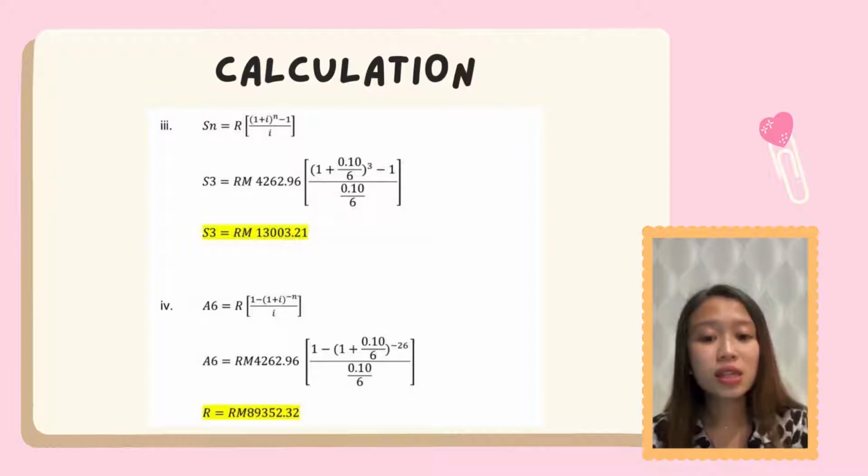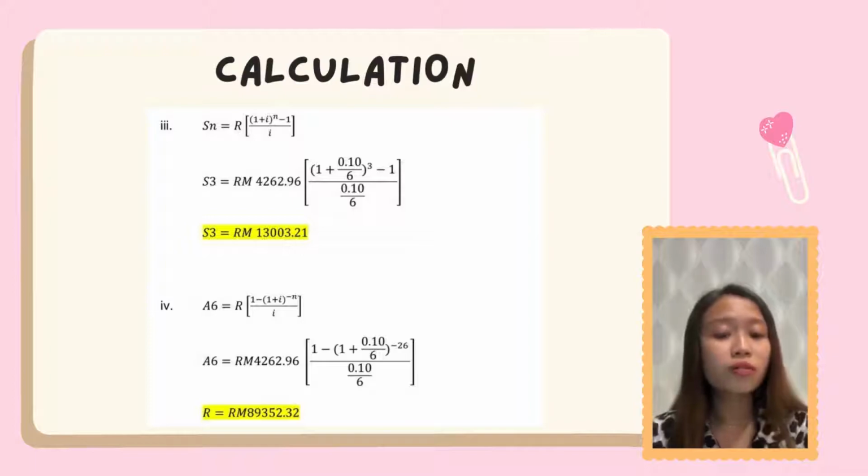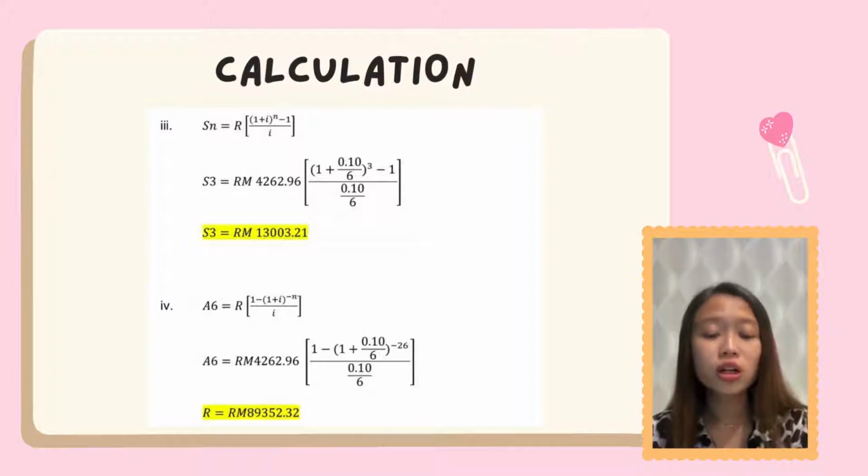So A_26 equals 4,262.96 in bracket 1 minus in bracket 1 plus 0.10 over 6 to the power of negative 26, over 0.10 over 6.